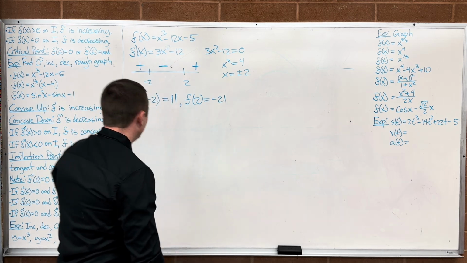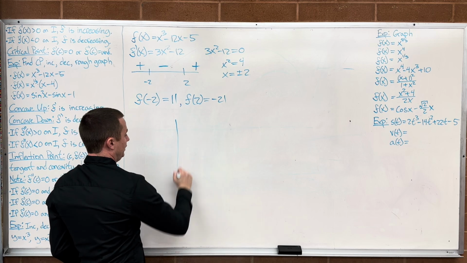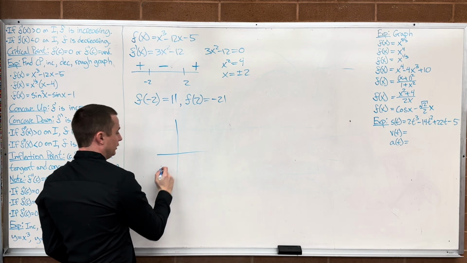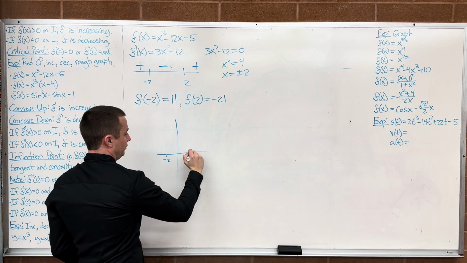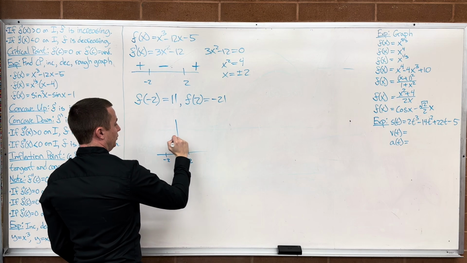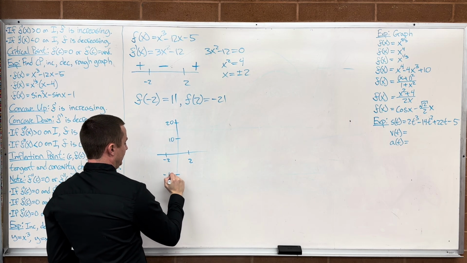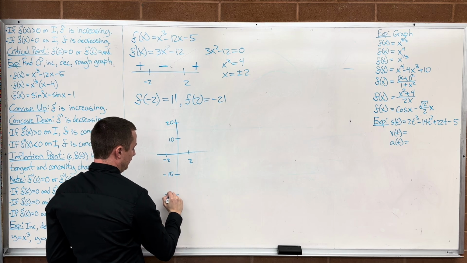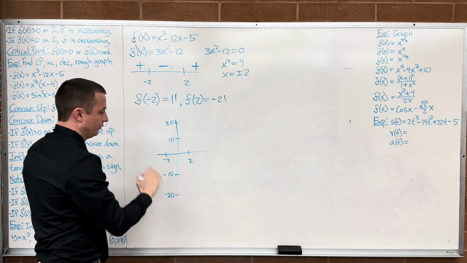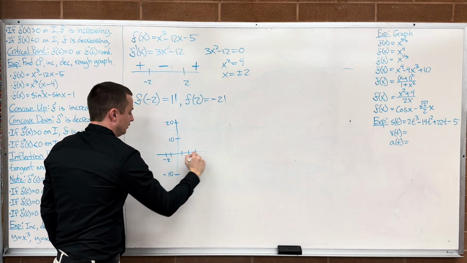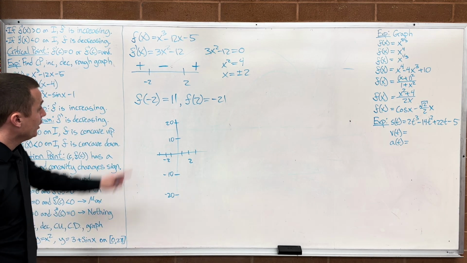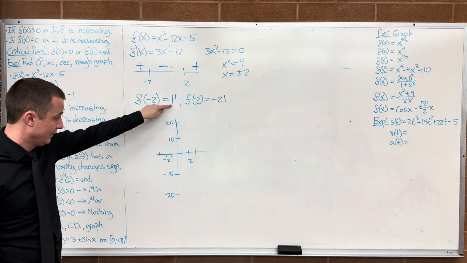So now, a very rough sketch. Not going to do very well. Here's negative 2. Here's 2. We'll call that 10, 20. We'll call that minus 10, minus 20. So my scales are different in the x and y axis. Okay. So f at negative 2 is 11.